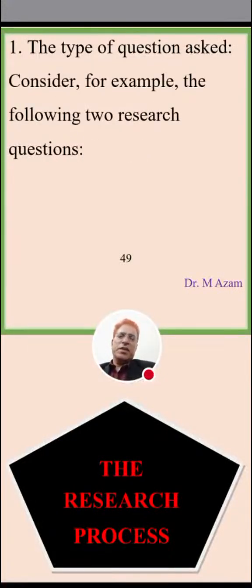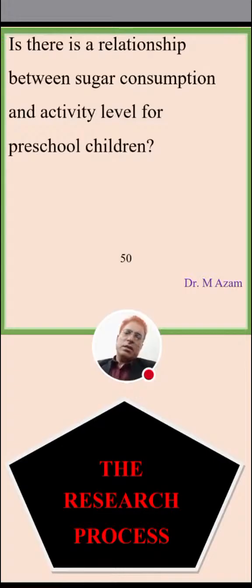Now, the first factor is the type of question asked. Consider, for example, the following two research questions. Is there a relationship between sugar consumption and activity level for preschool children?